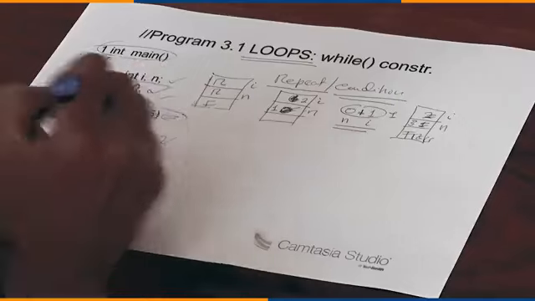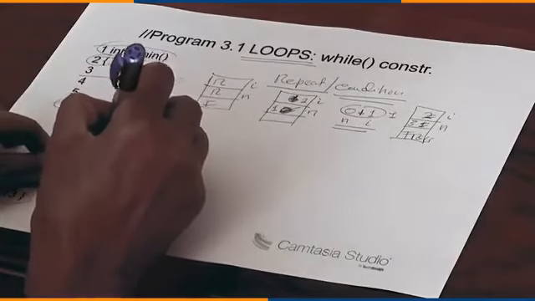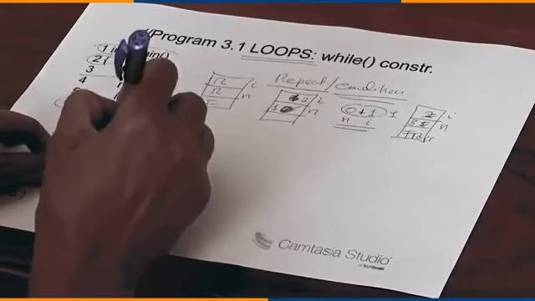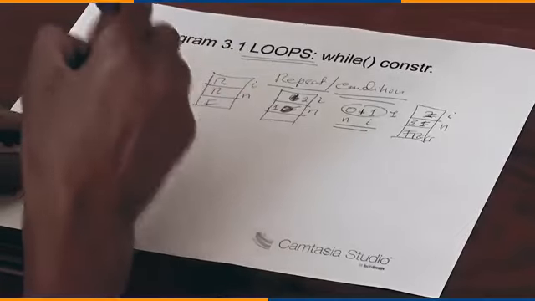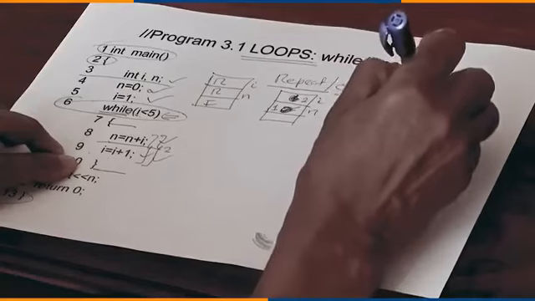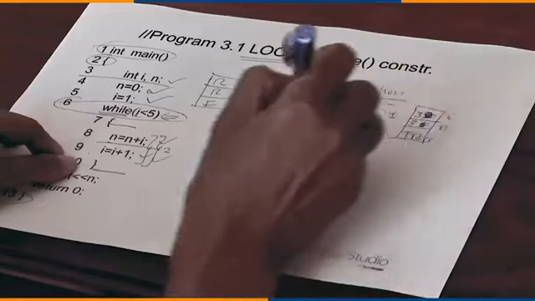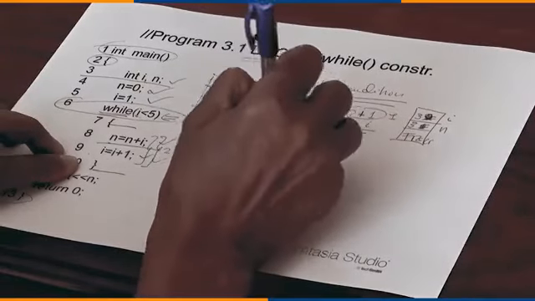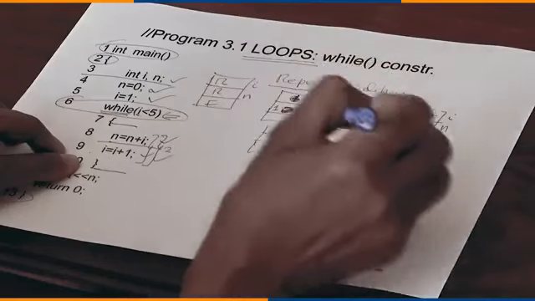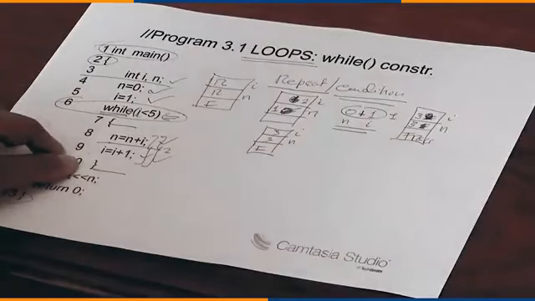Then the computer will go to line number 9 again, and the value in I will be incremented by 1, and the result written in I. So in I there is 2. 2 plus 1 will be 3, and instead of 2, 3 is written there. So in the computer RAM, in I there is 3, and in n there is 3, and this is free.